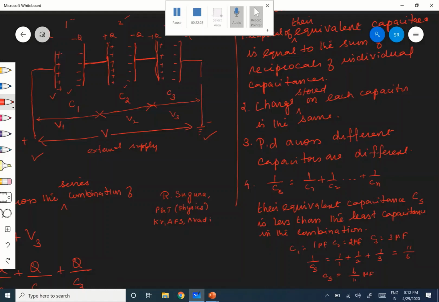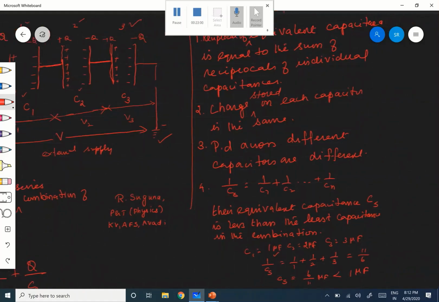Out of C1, C2, C3, which is the least one? C1, 1 microfarad, correct? Therefore, CS is less than 1 microfarad. So out of these three, the least one is 1 microfarad, but their equivalent, when connected in series, is less than the least capacitance in the combination. Is it clear?